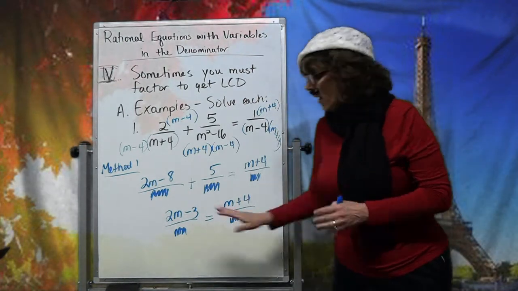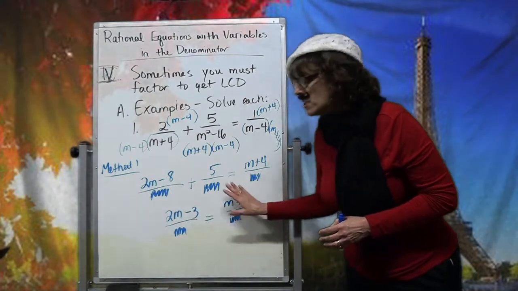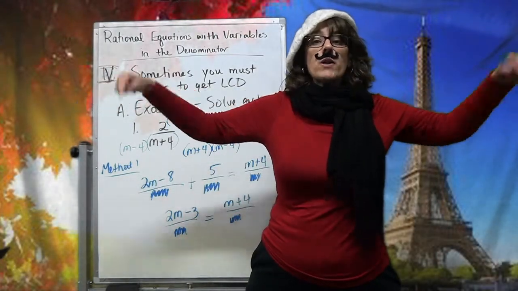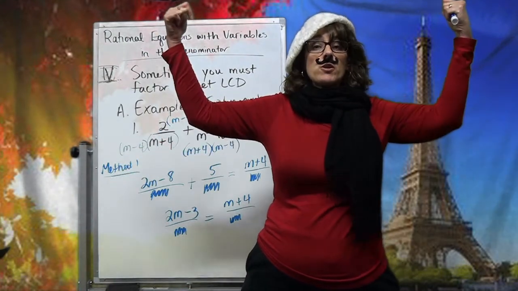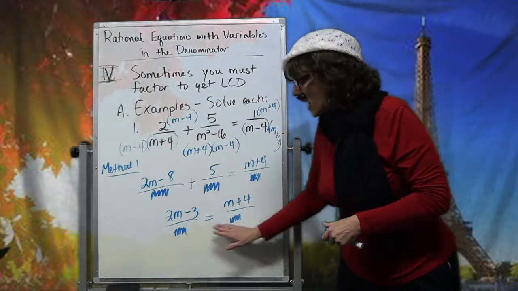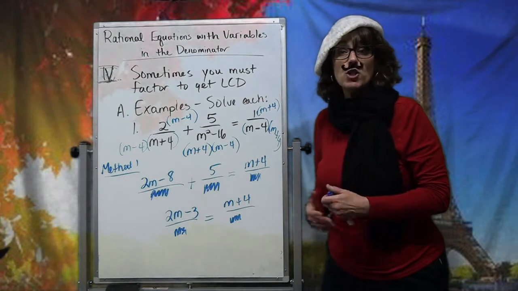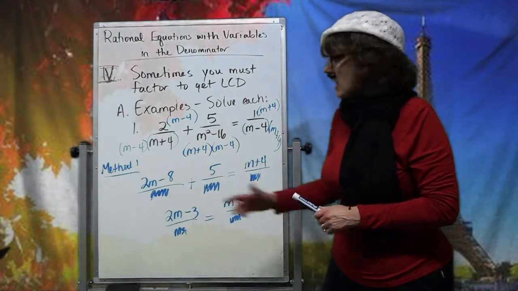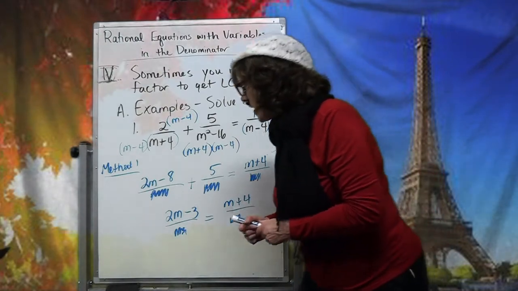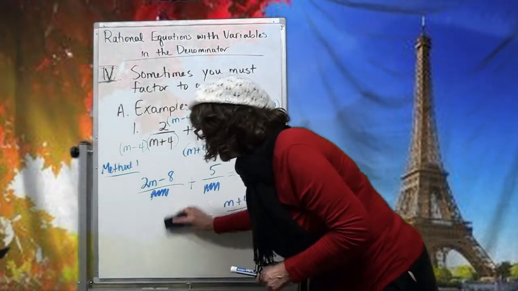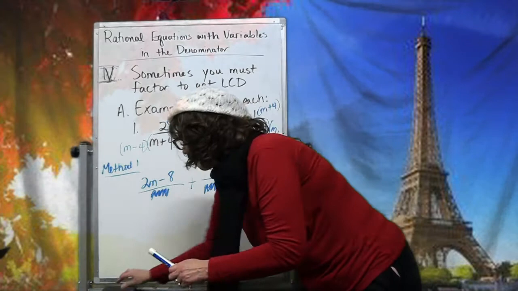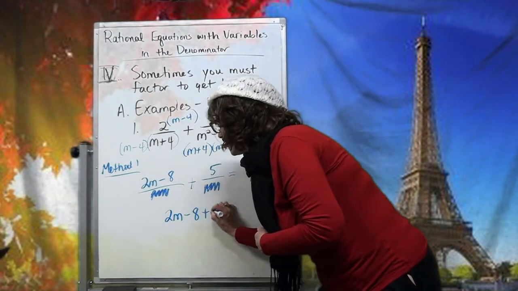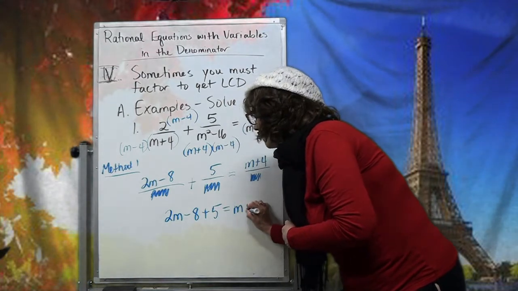But recall, now we have this fraction equal to this fraction, and if the fractions have the same value, and the denominators are the same, then the numerators have got to be the same. So in other words, I can ignore these denominators and I can just drop them. So I could have dropped them right up there. And if I dropped them right up there, then I would have had a 2m minus 8 plus 5 equal to an m plus 4.